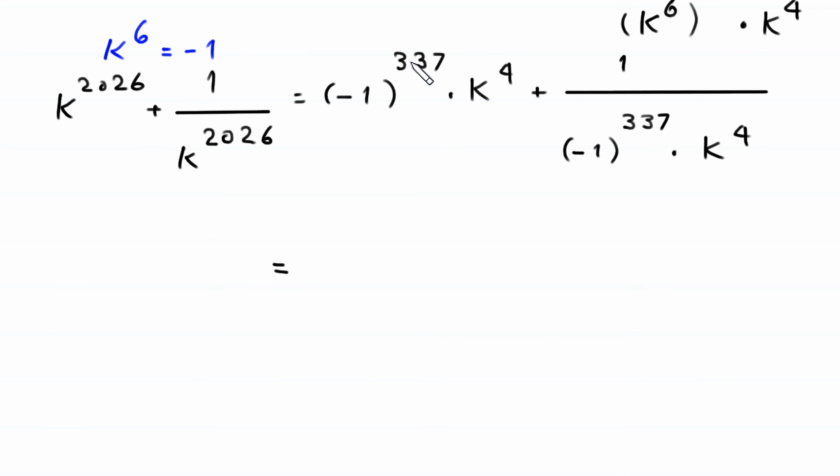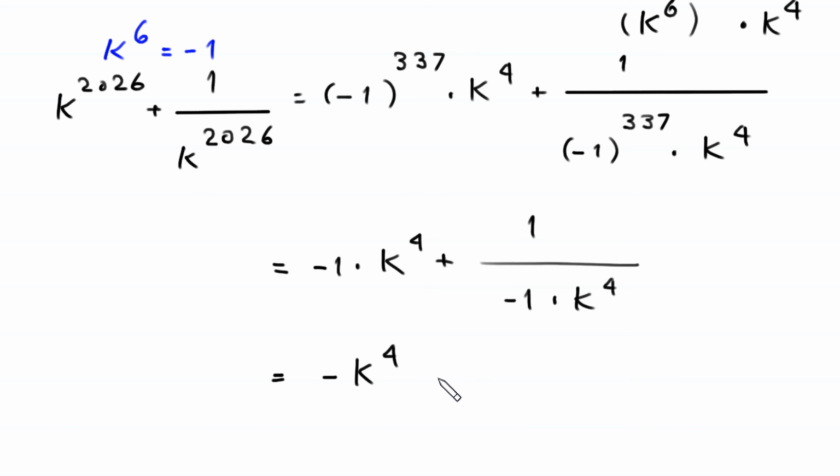Next, since we have an odd power of -1, this remains -1 times k^4 plus 1 divided by, in the same way this (-1)^337 will become -1 times k^4. Further simplifying, this will become negative k^4 plus 1 divided by negative k^4. So this will become -1 times (k^4 + 1/k^4).